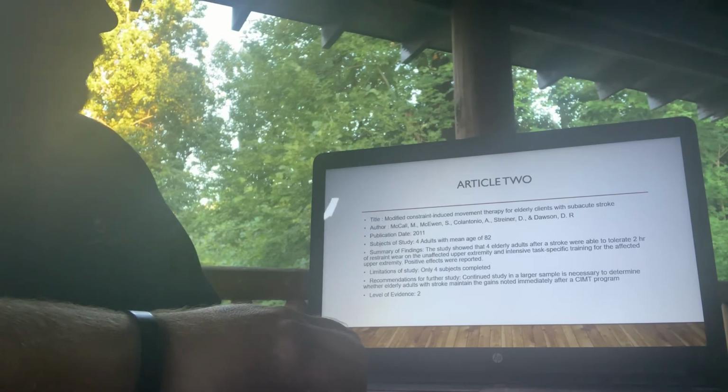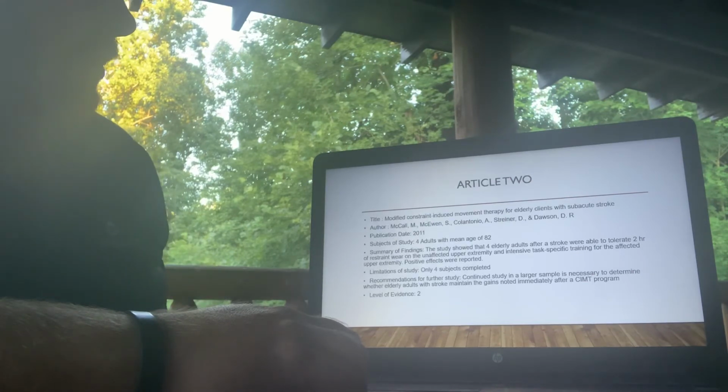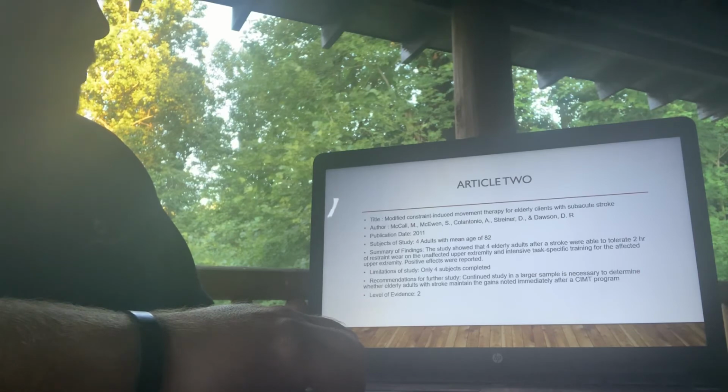My second article was about modified constraint-induced movement therapy for elderly clients with subacute stroke. Again, it was a small study with only 4 adults, with a mean age of 82, so it was an older group.